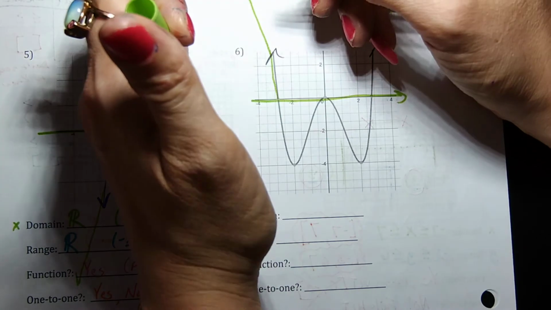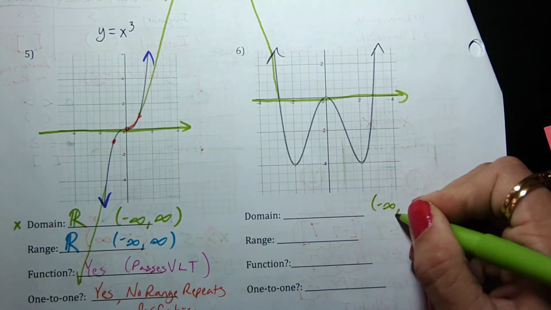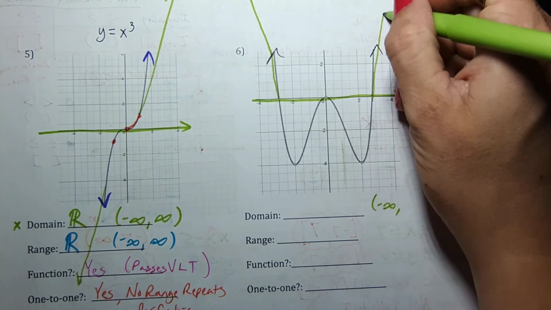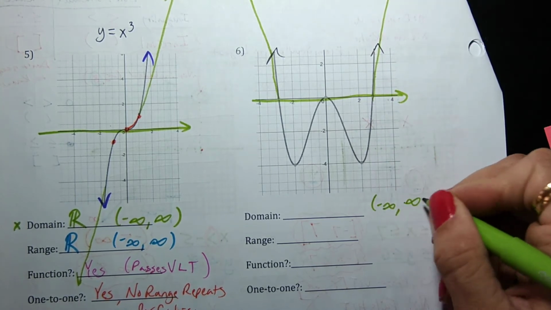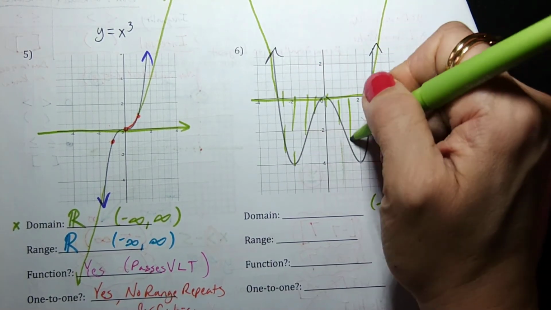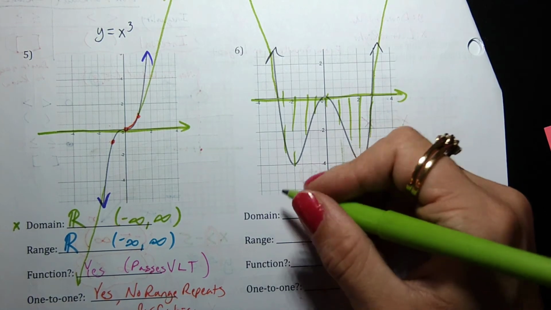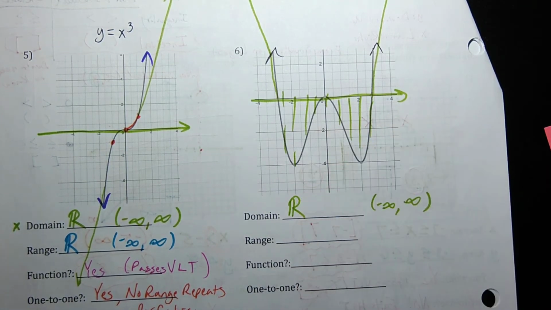So what's the first x value we get as we keep going this way? Negative infinity. And this side is just going to keep going outward as well. So infinity. And all of those x values in between get covered by our graph. So negative infinity to positive infinity or all real numbers.